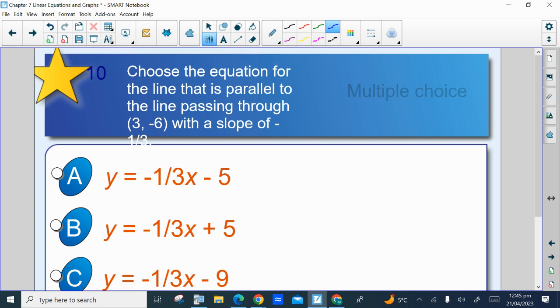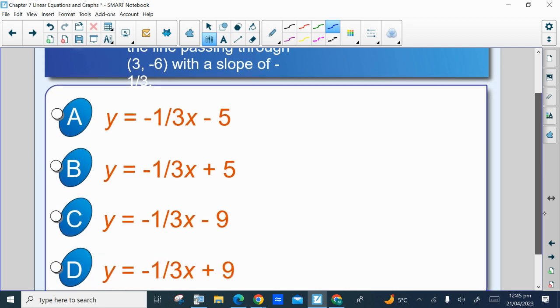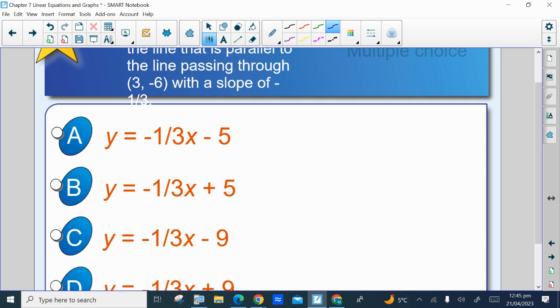Okay, this next slide, choose the equation for the line that is parallel to the line passing through 3, -6 with a slope of -1/3. So the slope is -1/3.